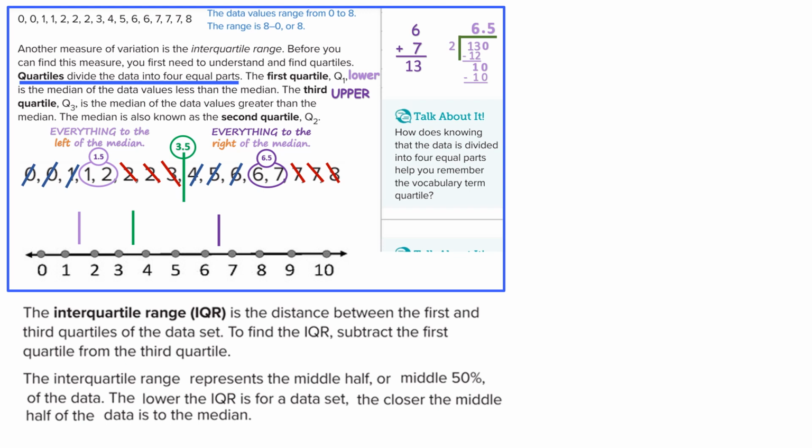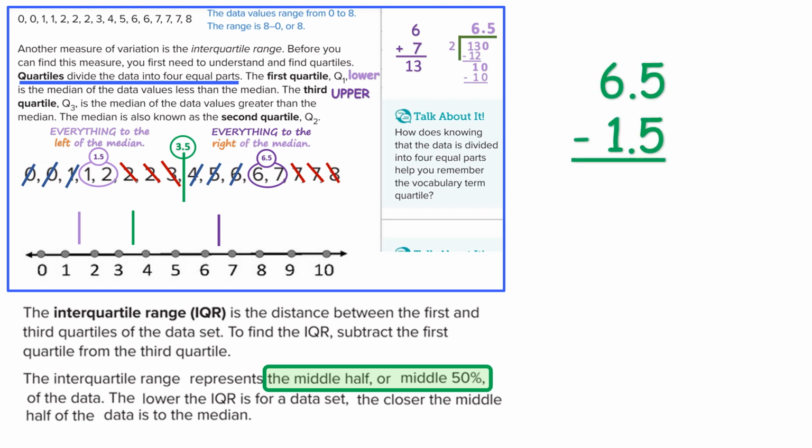So from the Q1 up to the Q3, according to how the book labels it, or as I would call it, from the lower quartile up to the upper quartile. So when we're asked to describe this type of information, I have to state that it's the middle 50%, or what I just used the words the middle half, so that I can indicate the information.